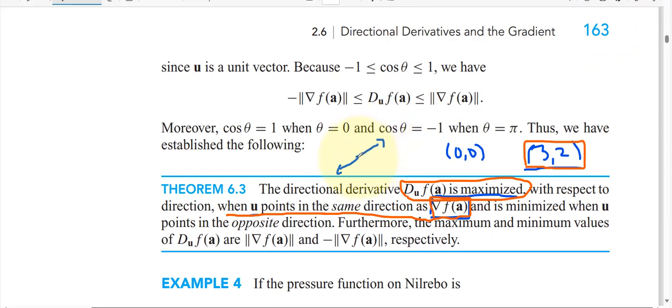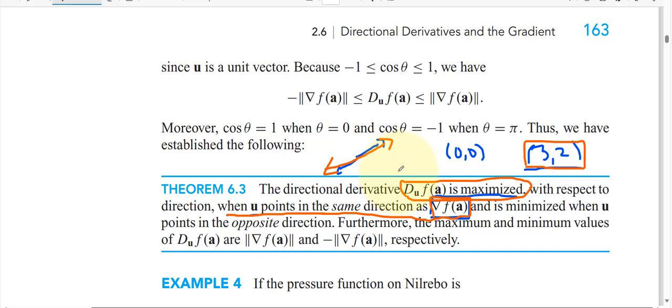Now, if the gradient tells us to move in this direction to get the most change, then actually the direction of steepest descent will be in this direction. So actually, I misspoke just a minute ago.